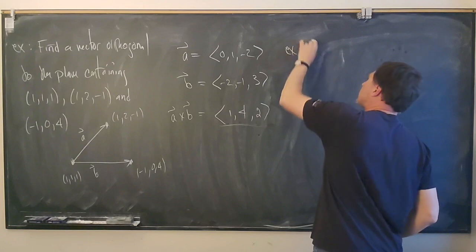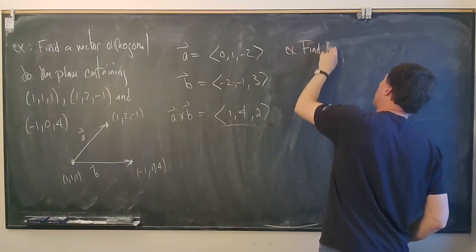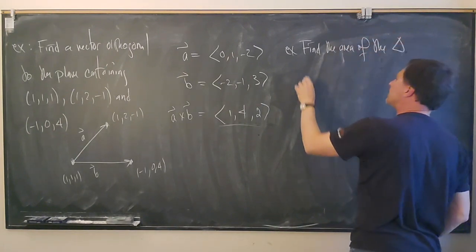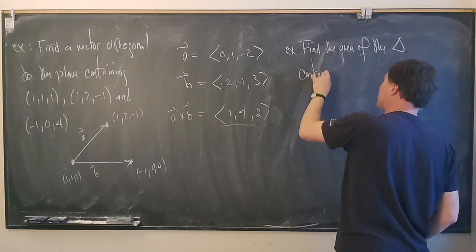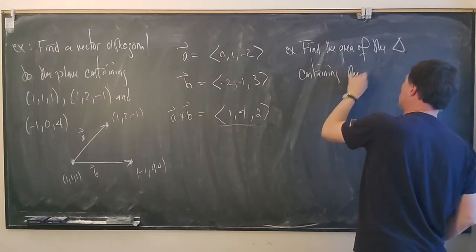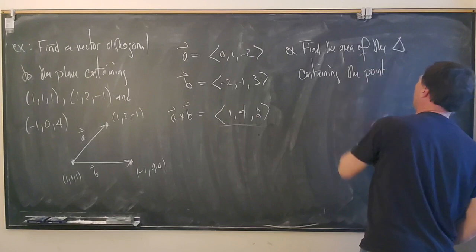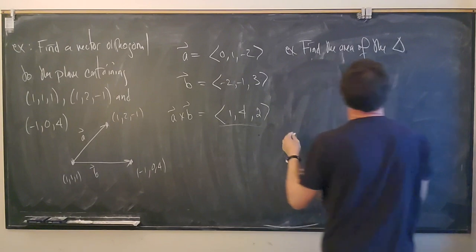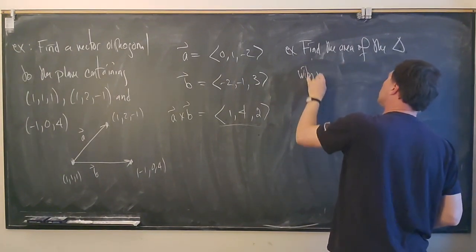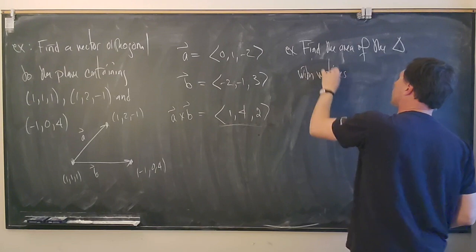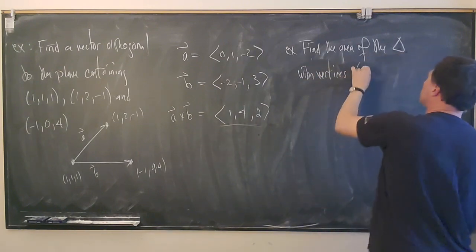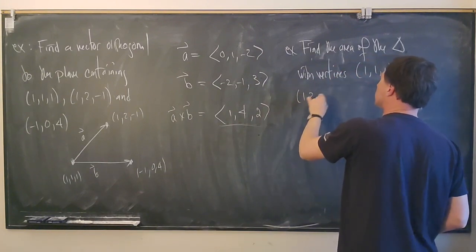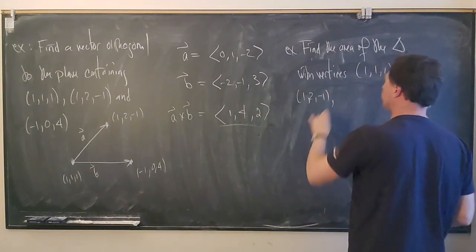Another example, so let's find the area of the triangle with vertices 1, 1, 1, 1, 2, minus 1, and minus 1, 0, 4.